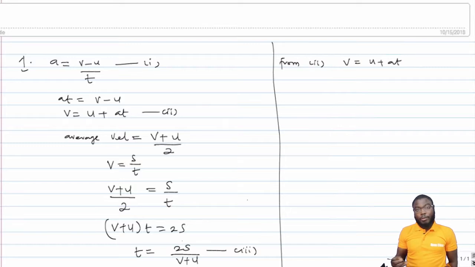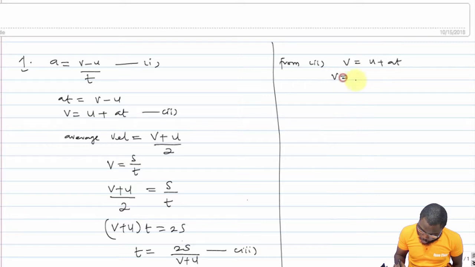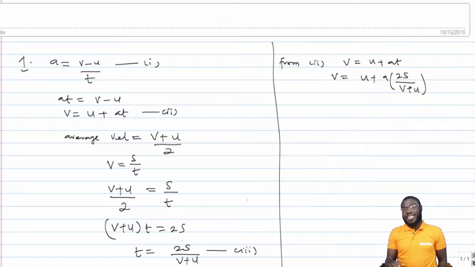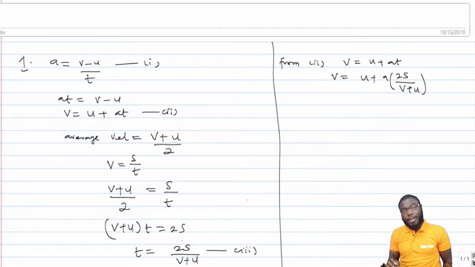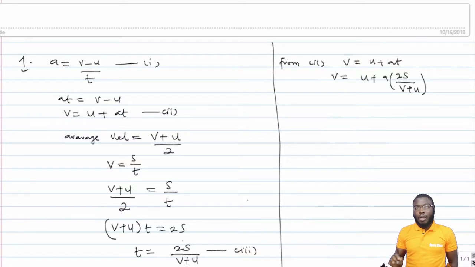Since T is 2S over V plus U, then you have V equals U plus A, and in place of T, I'll be using 2S over V plus U. So all I need to do now is just expand this equation. I've been able to eliminate T, just in case you don't have time. You have the initial velocity, the final velocity, and the distance taken, so you have to calculate one of them. You don't have time, so T is no longer in place, right?